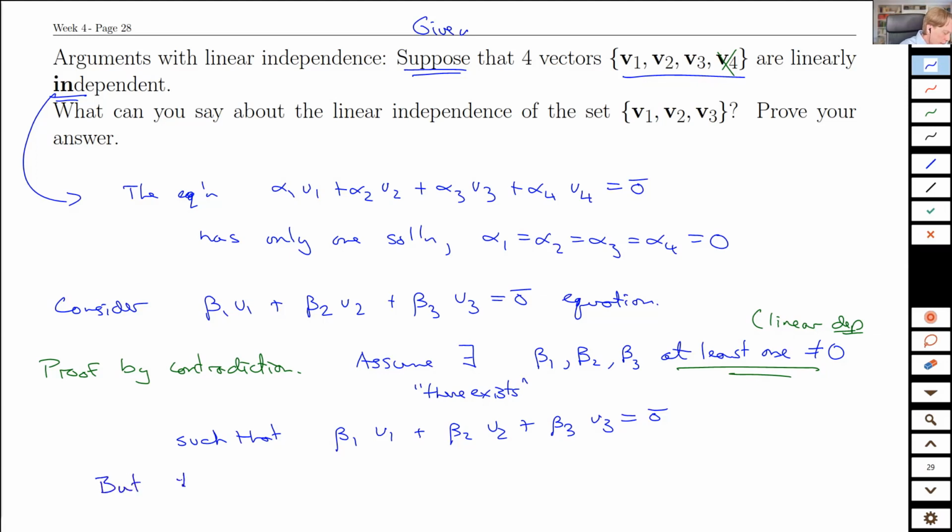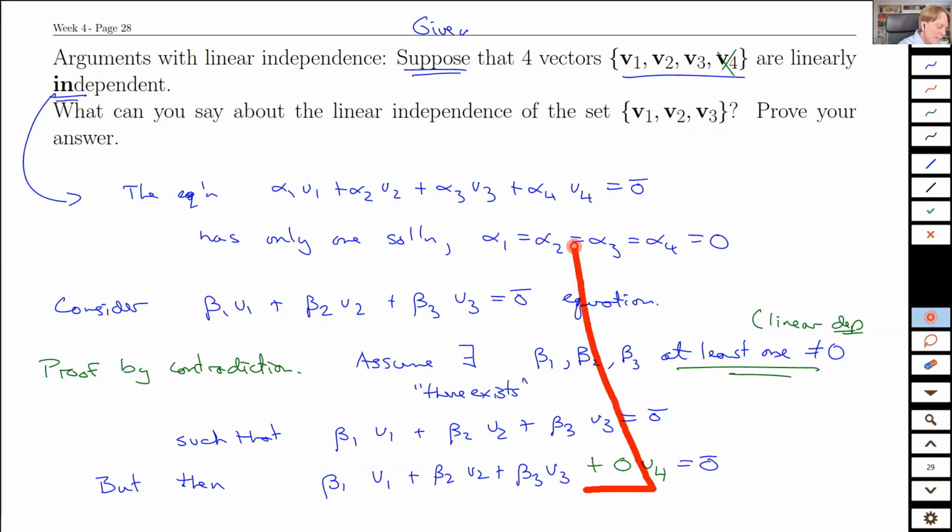But then beta 1 v1 plus beta 2 v2 plus beta 3 v3, and now I'm going to add something here. I'm going to add 0 v4 equals 0 vector. Why am I adding that? Well, because the equation that I know something about for sure is the equation up here.